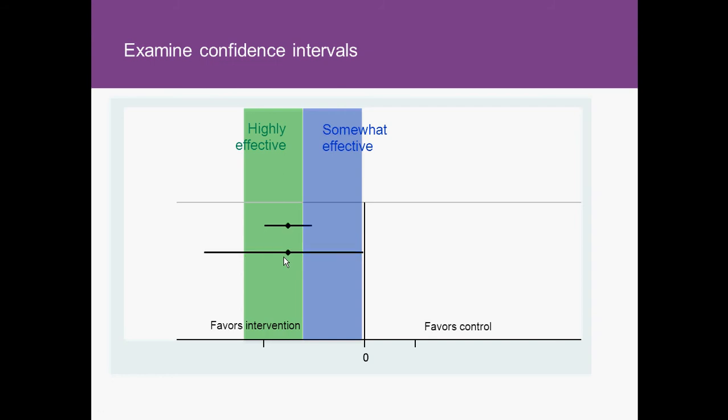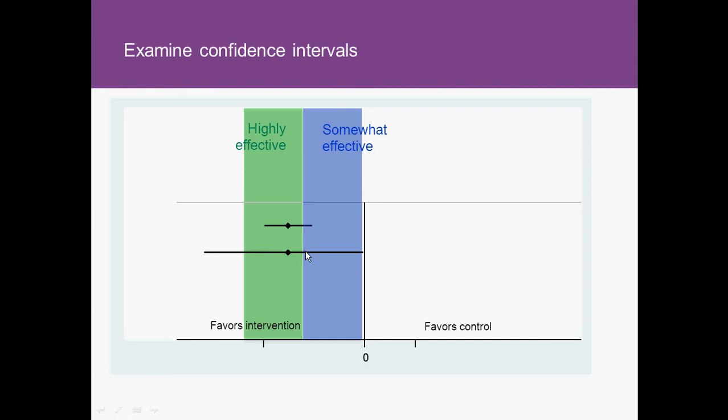If we consider two different interventions, both of them with point estimates in the highly effective zone, the principle is still similar. Being highly effective with very narrow confidence intervals means that you might be very certain that your classification of effectiveness is correct, whereas with very wide confidence intervals, as for the second intervention, you're much less certain that the intervention might be highly effective.